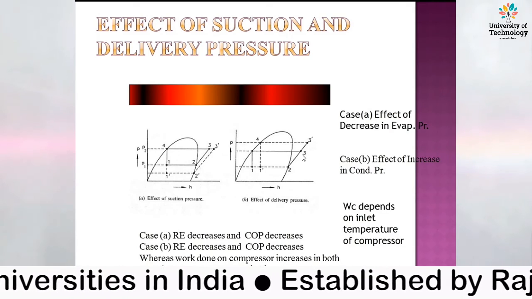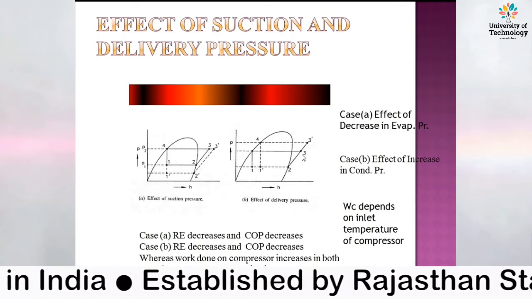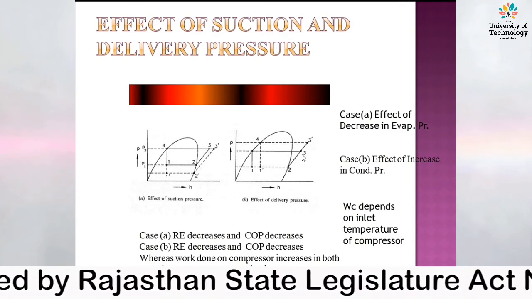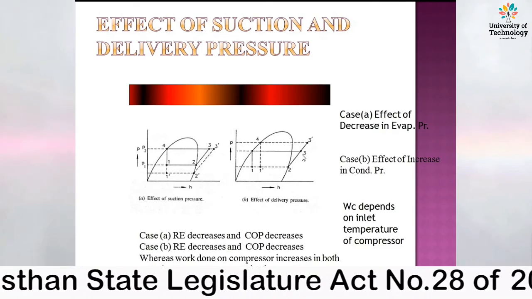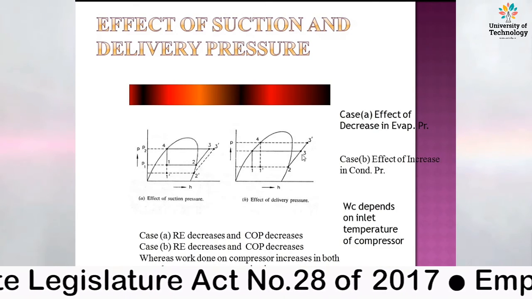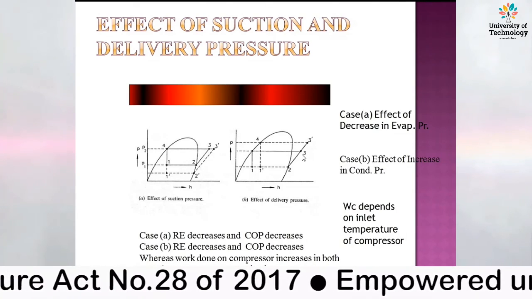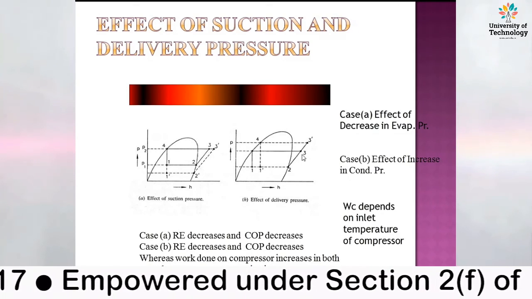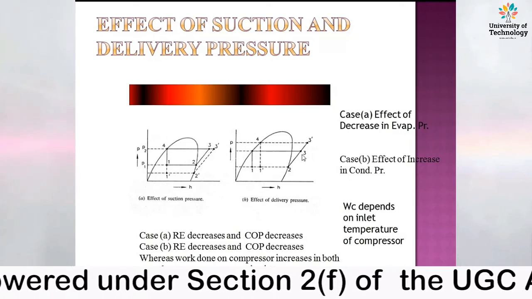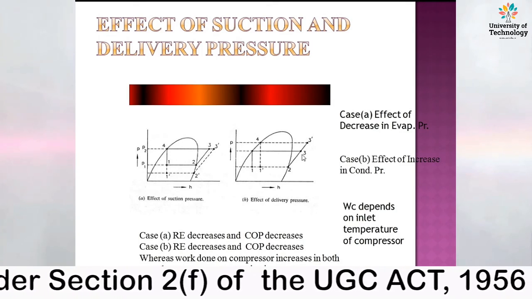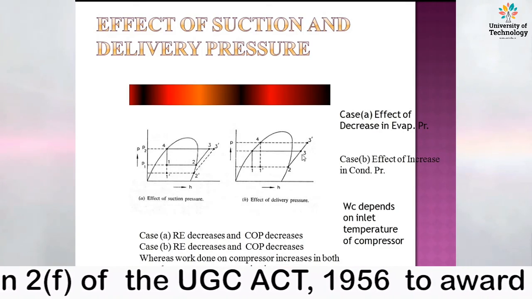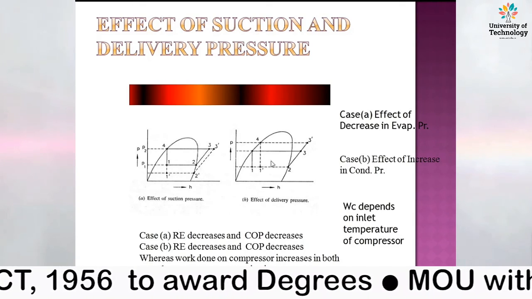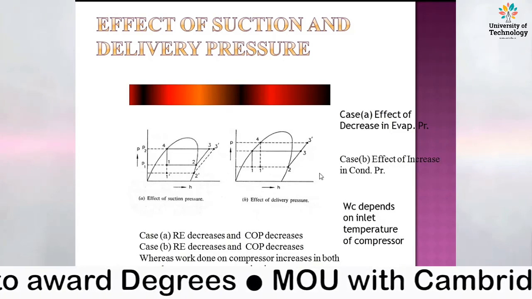So what we observed: by increasing the suction temperature or evaporating temperature, that is the saturated temperature, the refrigerant effect and coefficient of performance increase, while the refrigerant effect and coefficient of performance decrease in case of high condensing temperature.